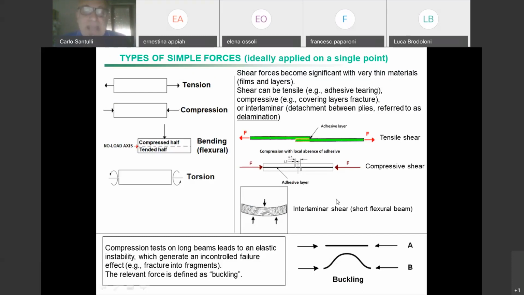However, we have structures more and more that are used in a very thin geometry. As materials engineers, we call that films. A film is usually less than half a millimeter thick. So it's more a question of microns than millimeters. In that case, shear becomes important.